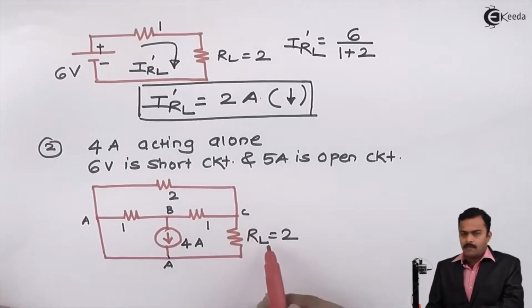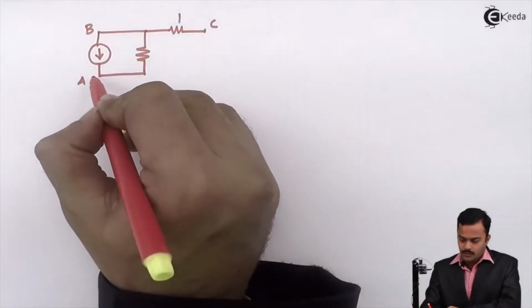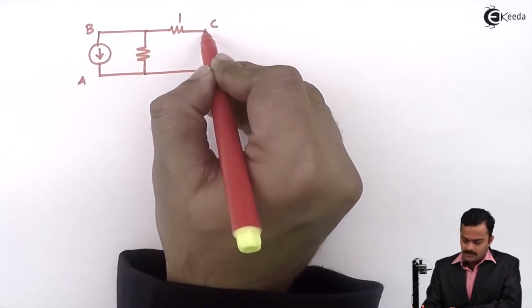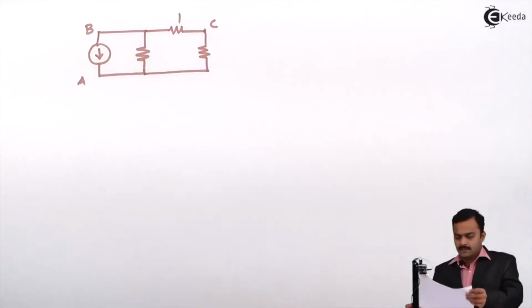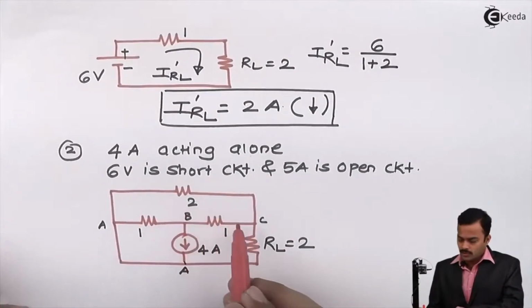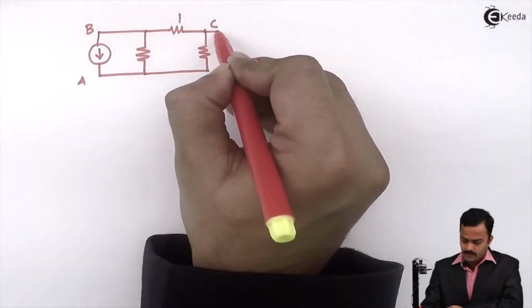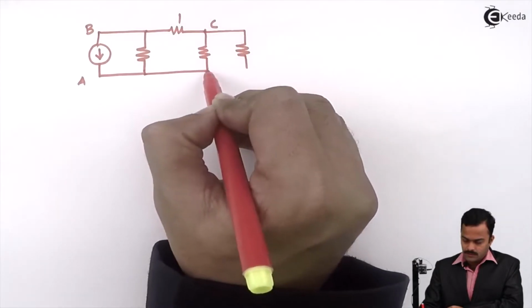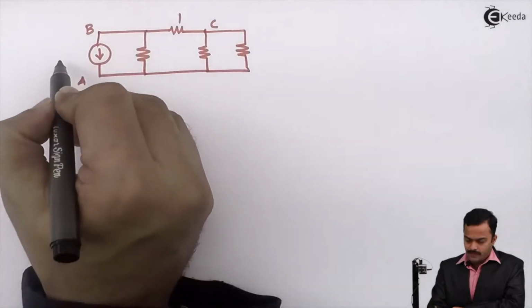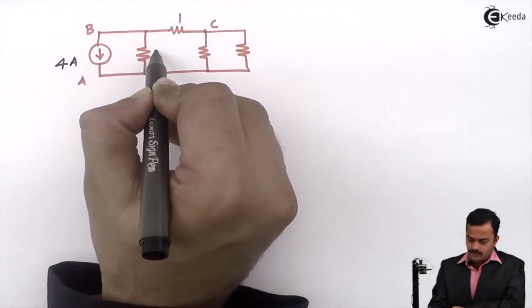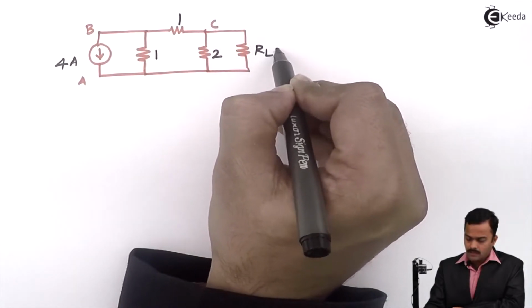Between C to A I am having RL, and if you see properly, this 2 ohm is also connected between C to A. So C to A is also 2 ohm resistance. So 4 ampere current source, this is 1 ohm, this is also 1, 2 ohm, and RL equal to 2 ohm.